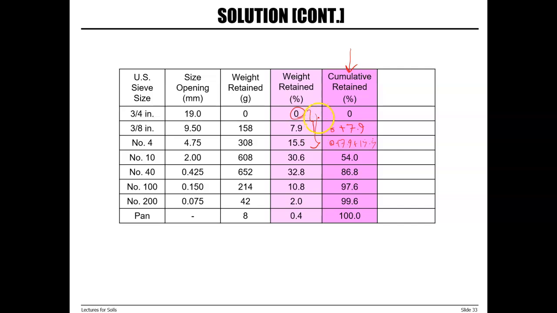Then here we have these 4, so 0 plus 7.9 plus 15.5 plus 30.6 and so on. When we get to the pan, when we add all of these together, it should be 100%. That's one way for you to check your numbers.